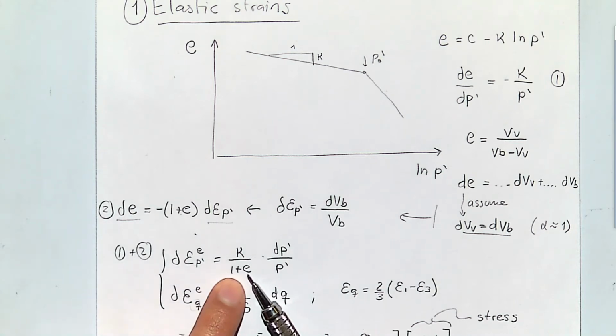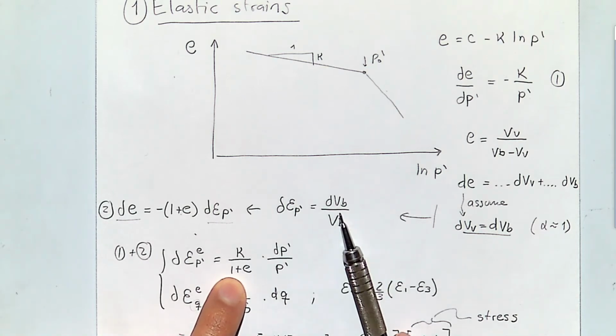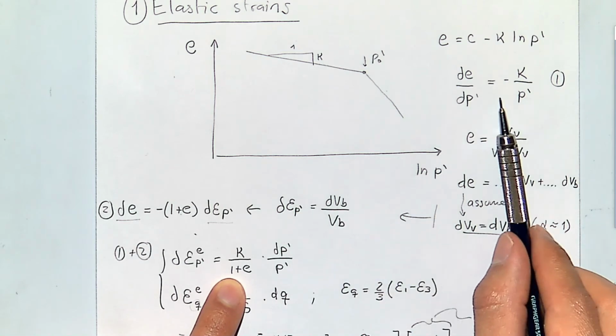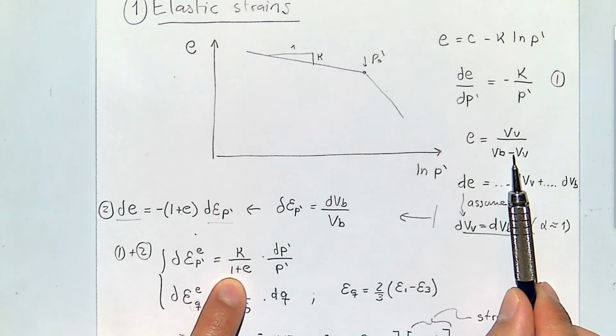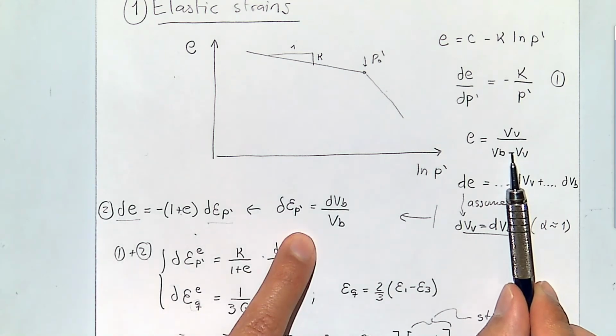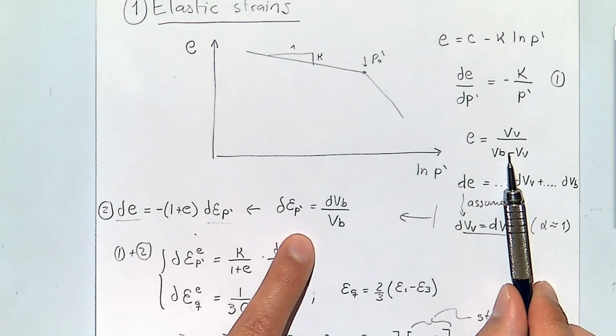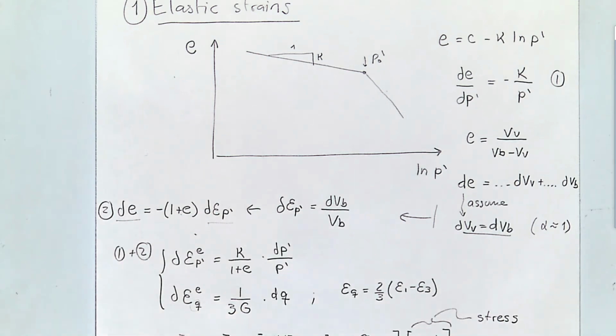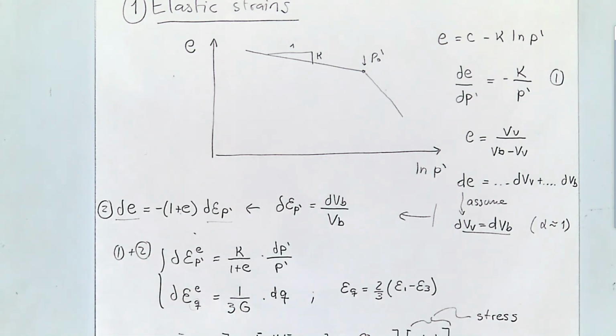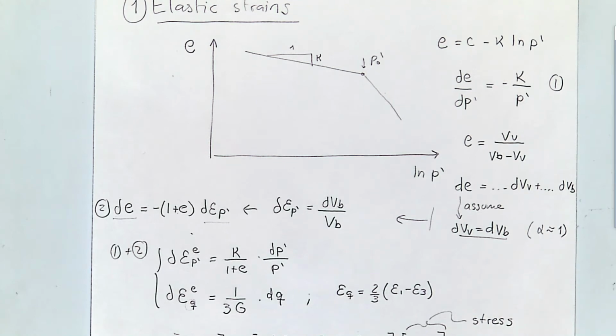So this one comes from this equation over here, and from this one over there, from these two. And the volumetric strain can be related to porosity, but the deviatoric strain or a shear strain is not related to porosity.